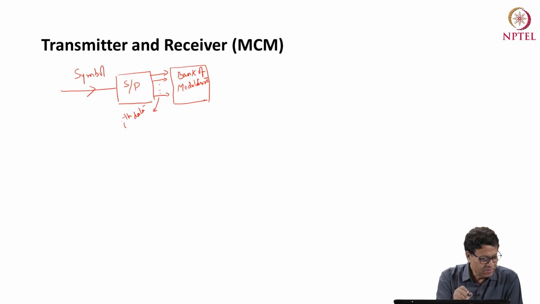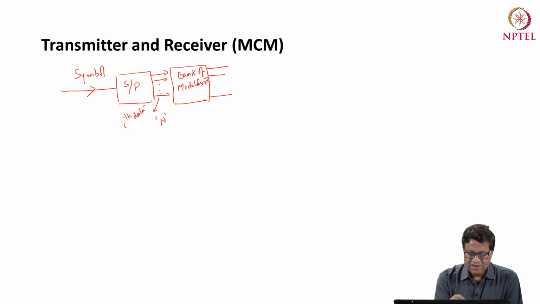So there are different modulators, and each is modulating. The ith data is getting modulated by the ith subcarrier, the lth data is getting modulated by the lth subcarrier, and so on and so forth, and there are N subcarriers. The total number is N.